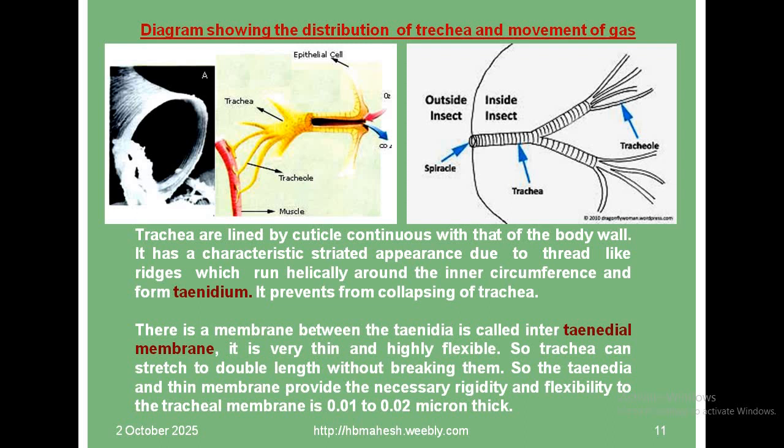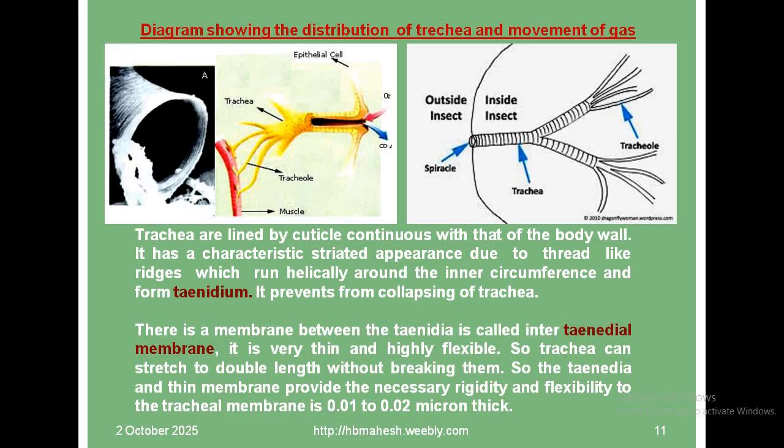It is very thin and highly flexible. It can stretch, so the trachea can stretch to double length without breaking. So the taenidia and thin membrane provide the necessary rigidity as well as flexibility to the tracheal system.